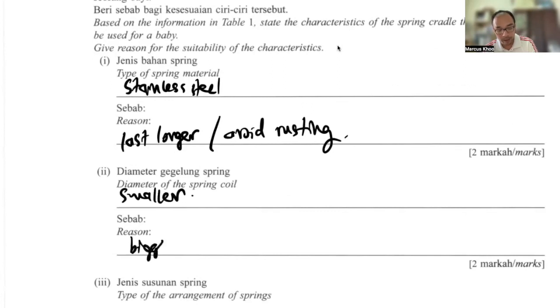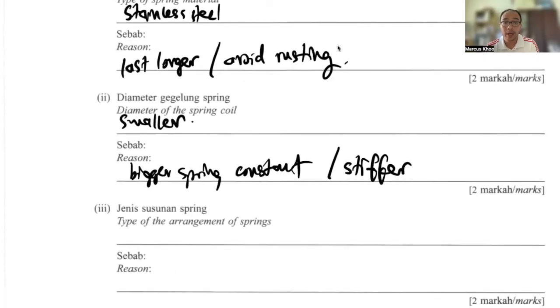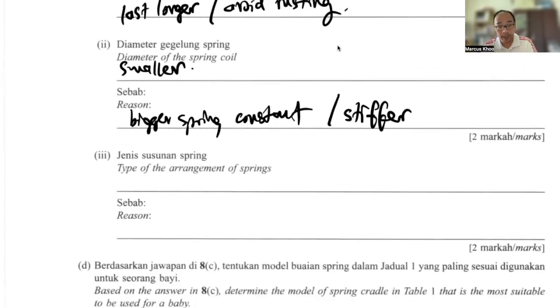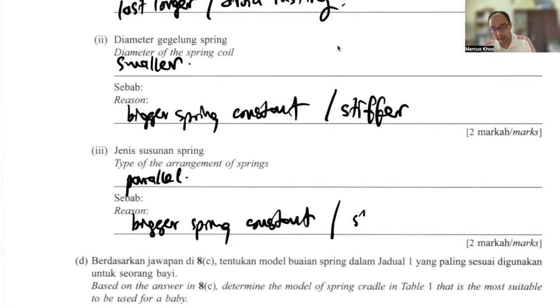Because we want a bigger spring constant, or the friendlier word, stiffer. A stiffer spring, not too stiff, just a bit stiffer than normal. The arrangement of the spring should be parallel. All this leads to the same reason, which is a bigger spring constant, or stiffer.